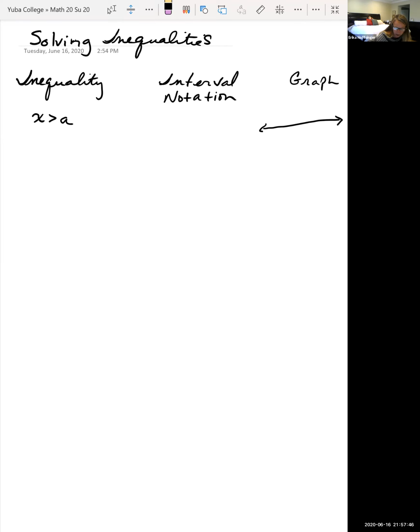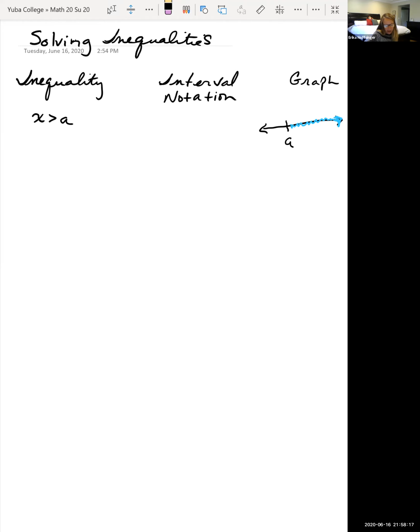So any number you plug in here that is on the right of a is going to make this a true statement. Then you need to decide, are we including the value of a or not? Since this is strictly greater than, we are not including a. So sometimes you have notated that with an open circle.